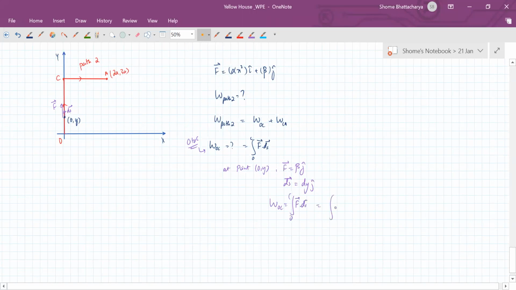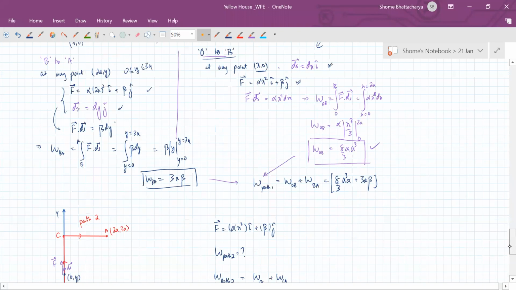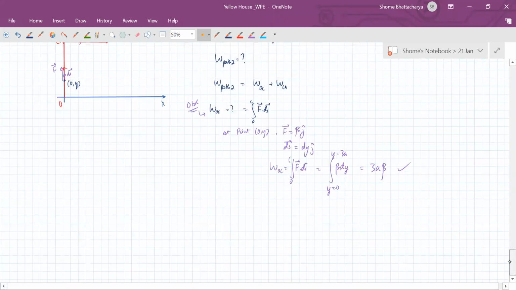So just this becomes beta dy from y equal to 0 to y equal to 3a. Okay, so this is 3a beta. So get this value.